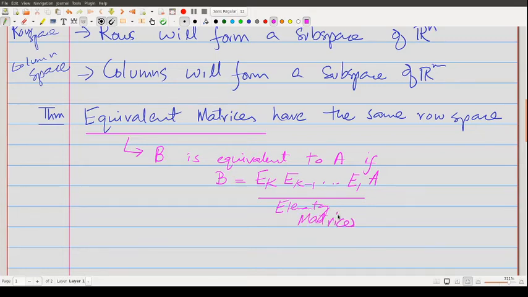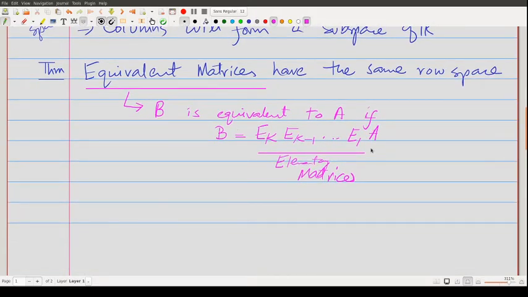So if you can perform a bunch of elementary row operations on A, and it becomes matrix B, then matrix A and matrix B are said to be equivalent. And so the idea is that equivalent matrices have the same row space. Okay.